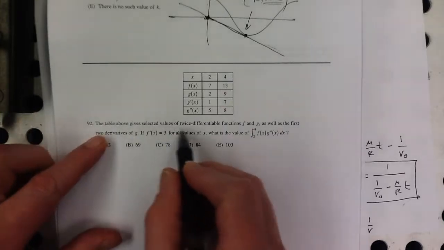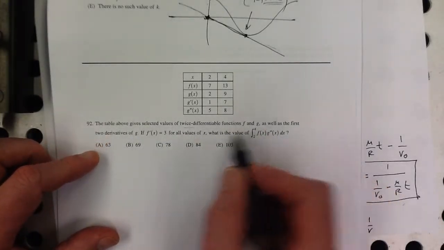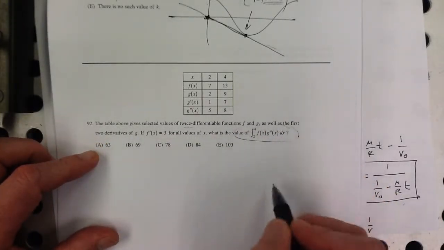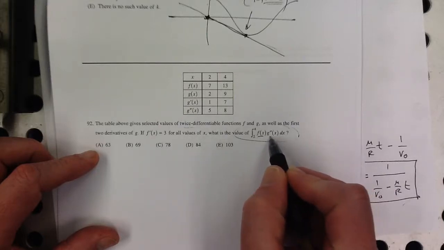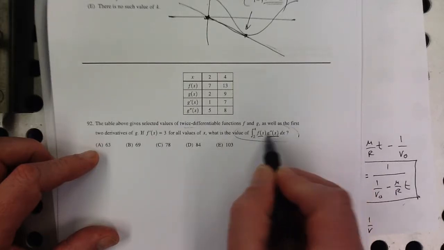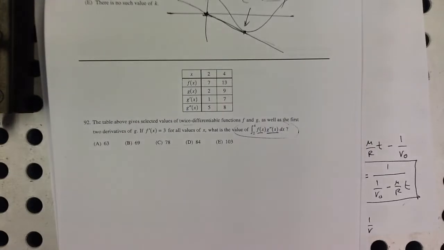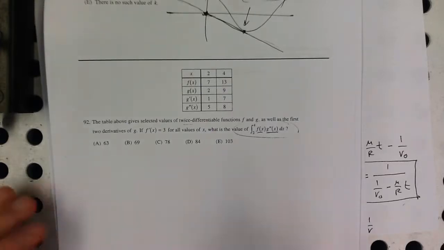And last one. The table above gives selected values of twice differentiable functions. We want to find the value of this. So the first thing I notice here is that this is a product. And the integration technique that I know that is most like the reverse product rule is integration by parts.